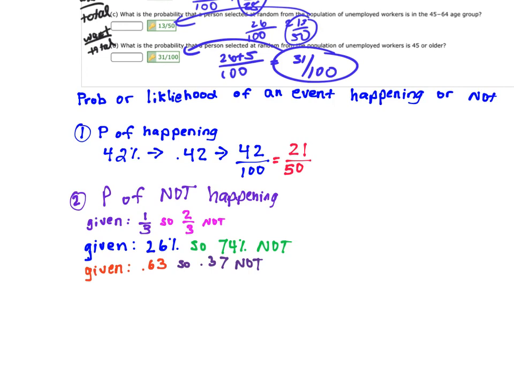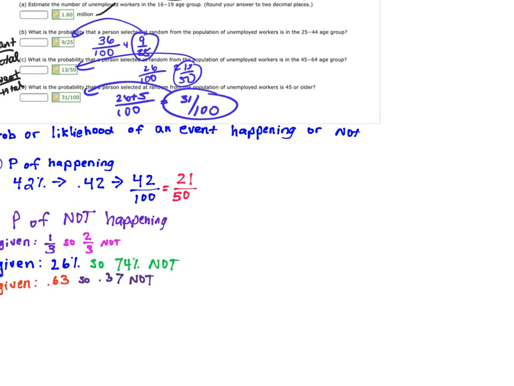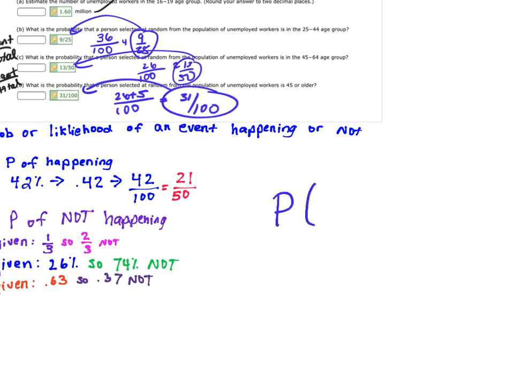If they ask what's the likelihood of something happening, and the probability of it happening is 2/5, and your answer choices are all in decimals, you would just say 2 divided by 5 is 0.4. Or if they were all in percents, it would be 40%. You guys see that? Yep.